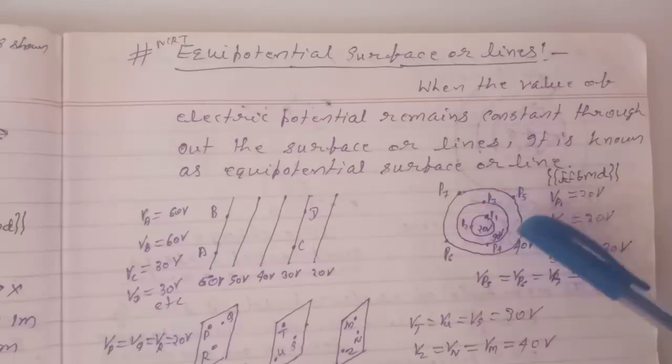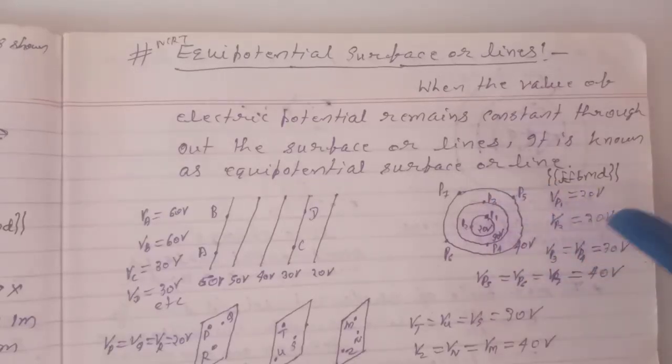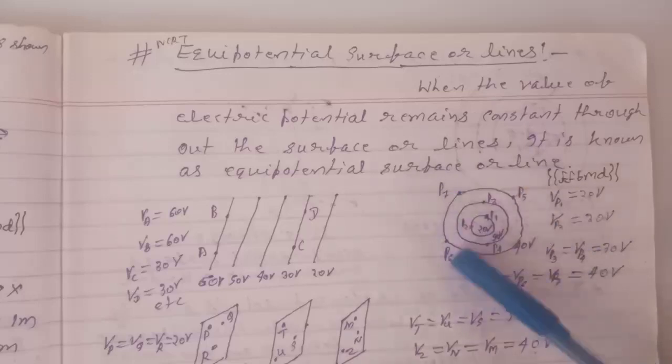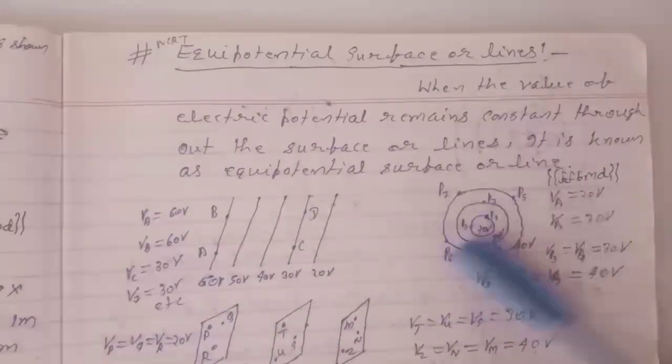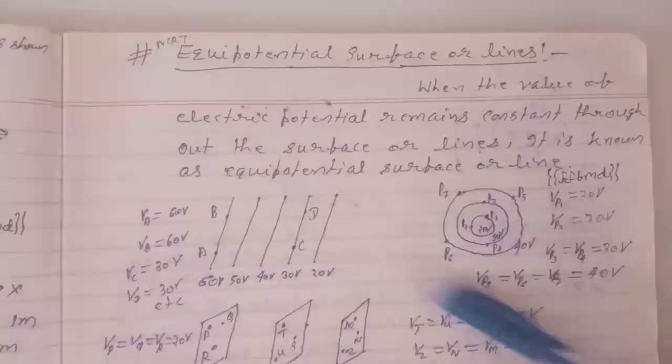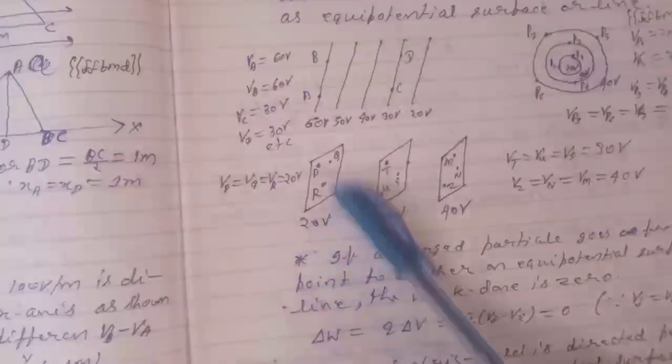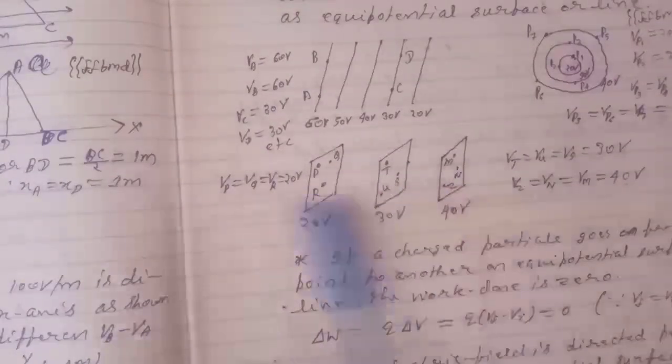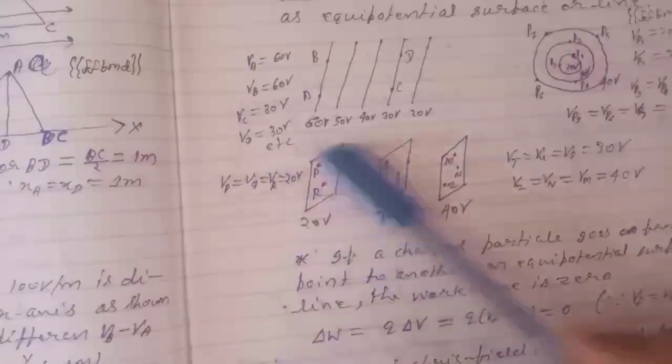Similarly, P3 and P4 have the same potential, so Vp3 equals Vp4 equals 30 volts, and Vp5, Vp6 is 40 volts. So this is the equipotential circular line.